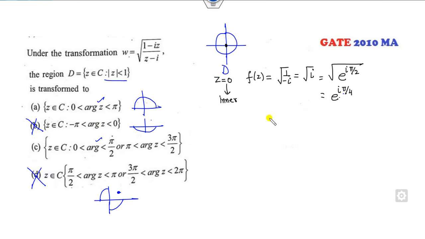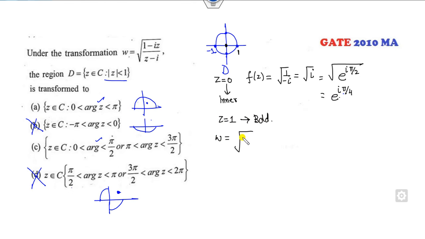Now for these two options I can take any other point. So what is that? Pi by 2 is my here. Fine. Pi by 4 is my here. So I can take a boundary point. You can take any of the boundary points, either on this or on this or on this or this. So let's say I can take minus 1, or I can take plus 1. If I take 1, which is a boundary point, then the mapping will also go to the boundary point.